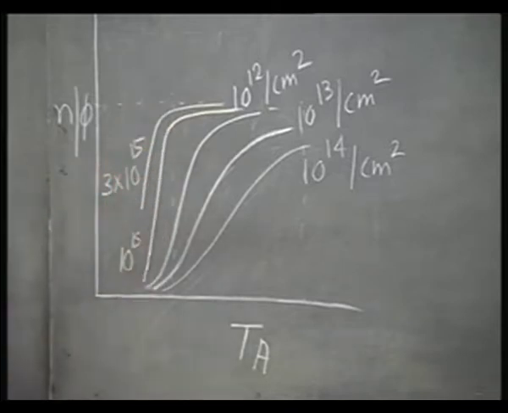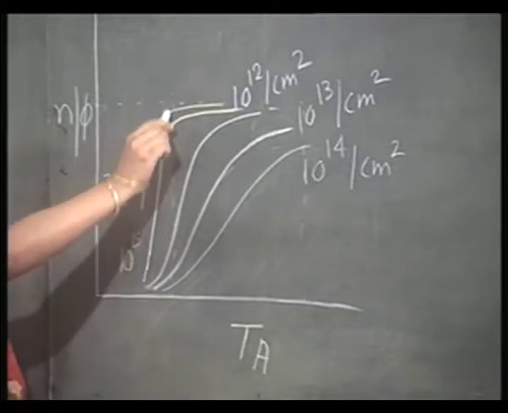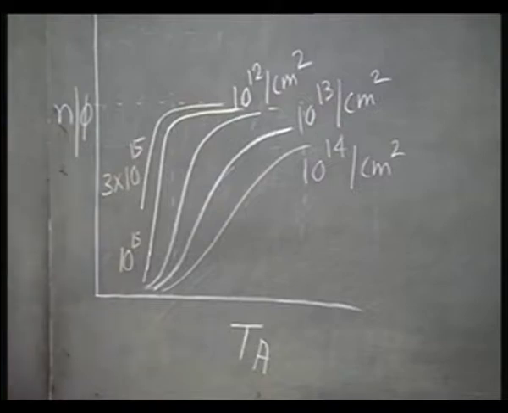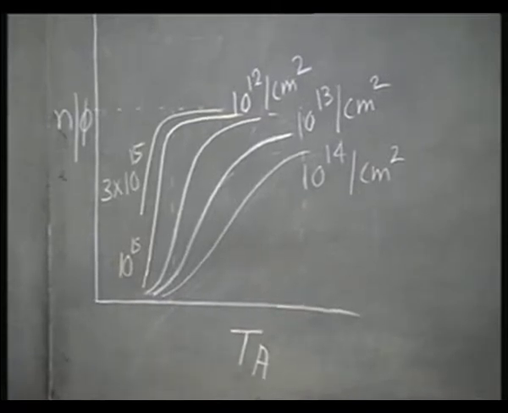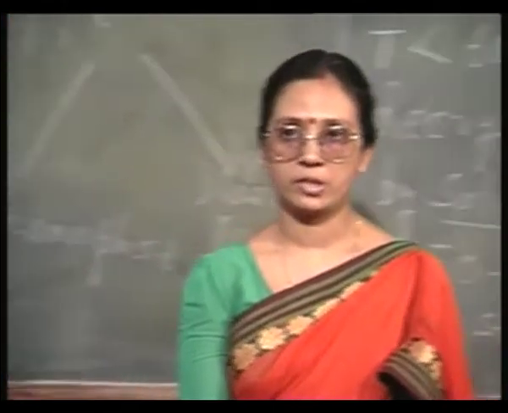By 600 degrees centigrade, I have come to the knee of this curve, that is at around 90% of carrier activation. Okay. So, this is the annealing behavior of phosphorus.